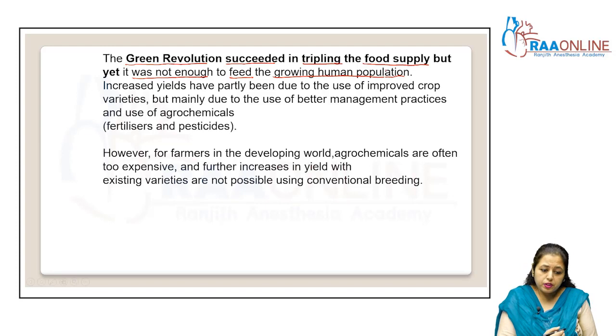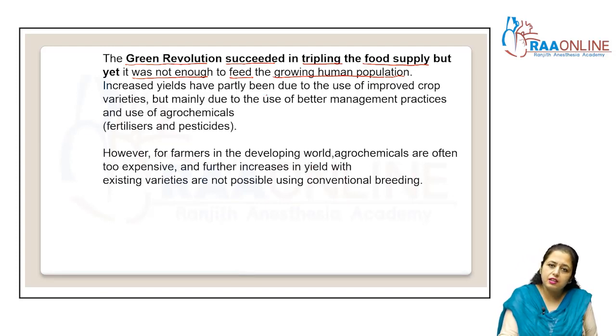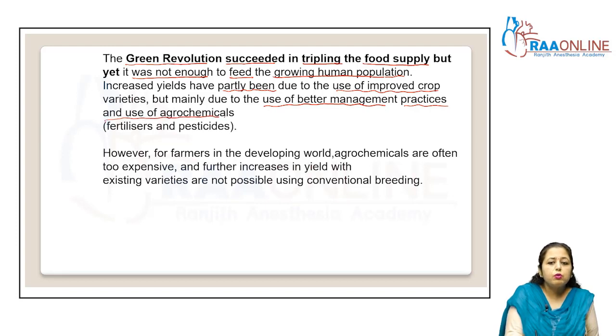The human population increases very fast every day, so it was not sufficient to fulfil the necessities of everyone. Increased yields have partly been due to the use of improved crop varieties, but mainly due to better management practices and the use of agrochemicals.